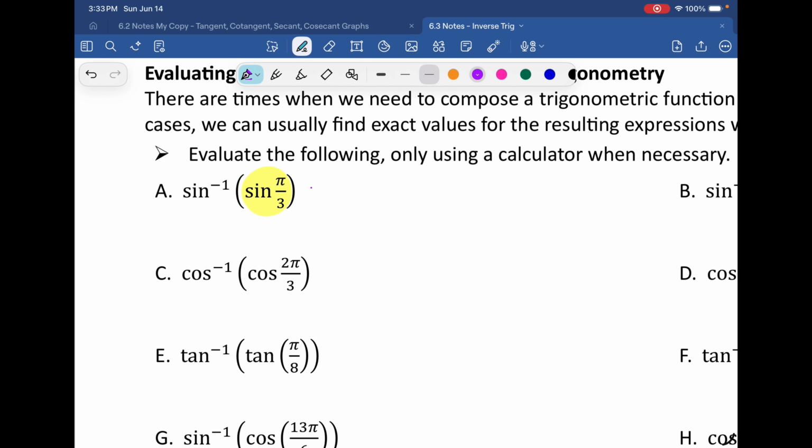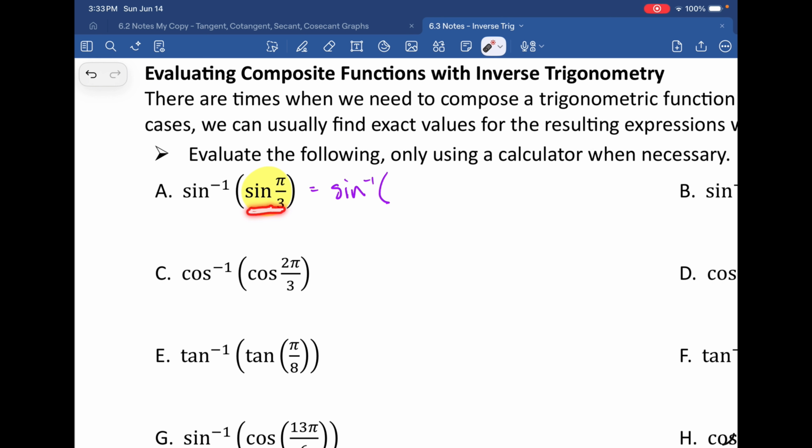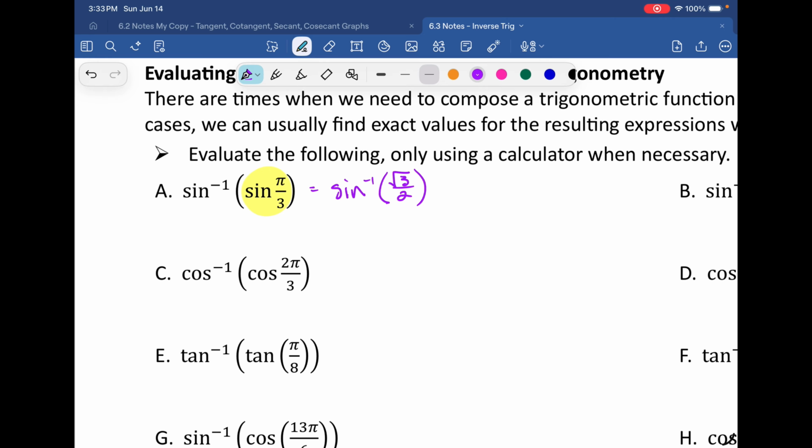Now I'm answering what sine pi/3 is. Sine pi/3 is √3/2. Okay, now, since it's inverse sine, I'm asking for the angle with a y of √3/2.